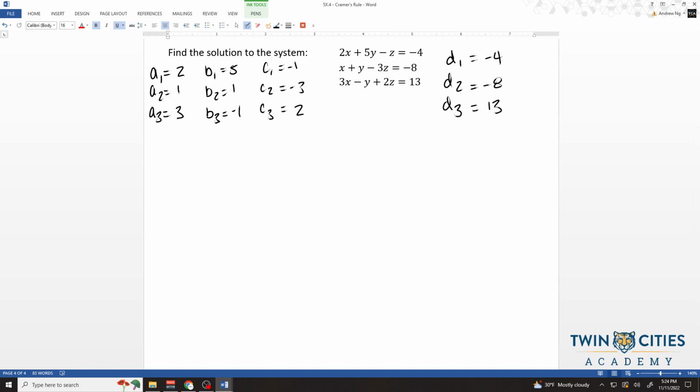Okay, let's find D. D is this big matrix here. Coefficients on x, y, and z's. So this is going to be my a's, my b's, and my c's. 2, 1, 3, 5, 1, negative 1, negative 1, negative 3, and 2.